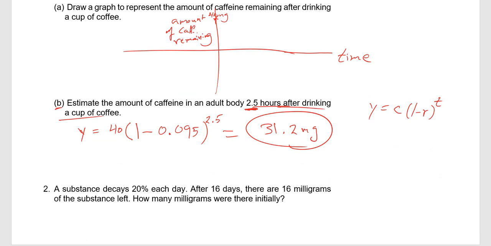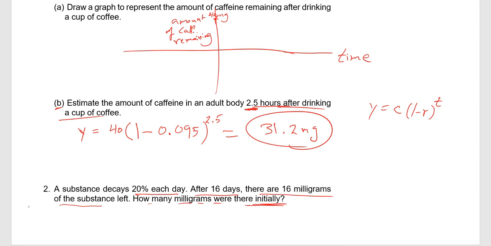Second exercise: a substance decays 20% each day. After 16 days, there are 16 milligrams of the substance left. How many milligrams were there initially?